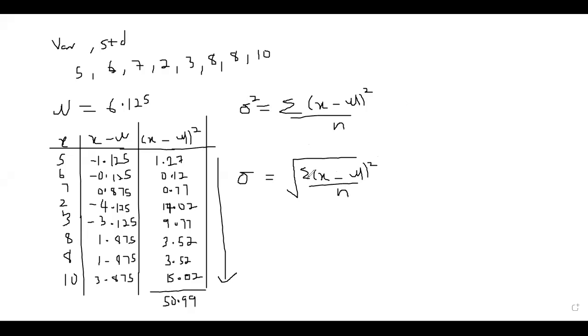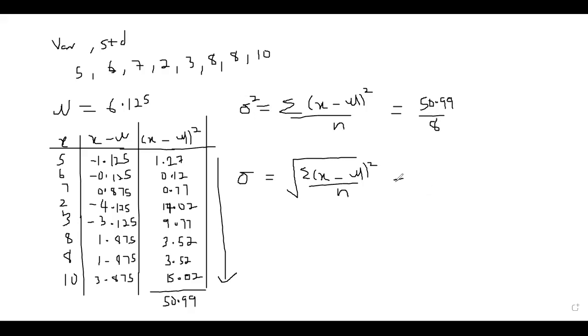Let's start with the variance. This is a summation, so 50.99 over our observations, 1, 2, 3, 4, 5, 6, 7, 8, over 8.